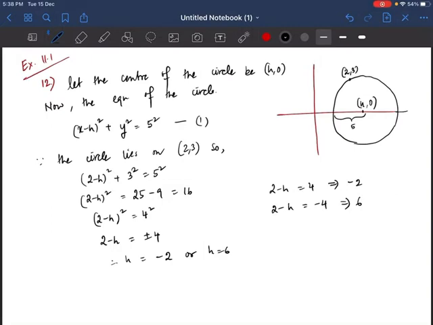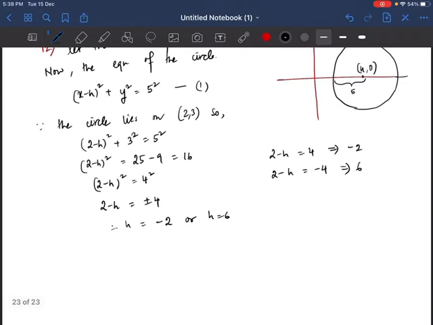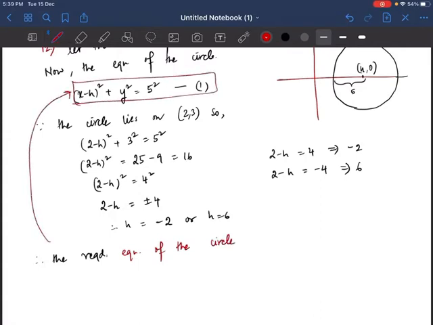So here what you have to do, you have to find the equation of the circle, right? So the equation of the circle will be what? Therefore the required equation of the circle, in this equation which we have got, just put the value of h.